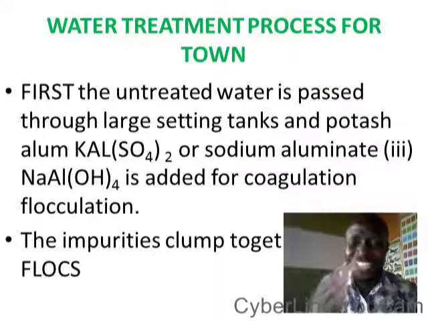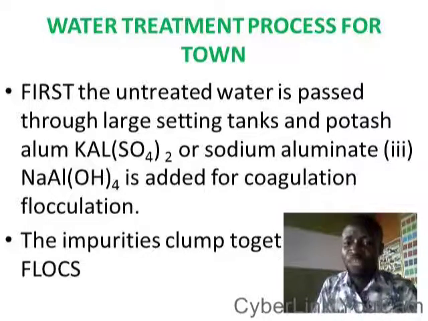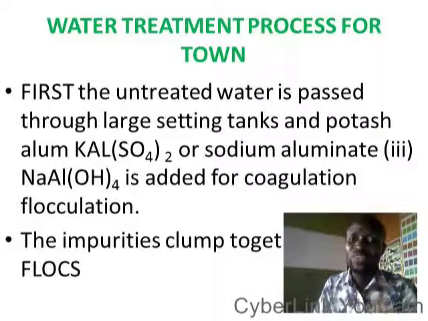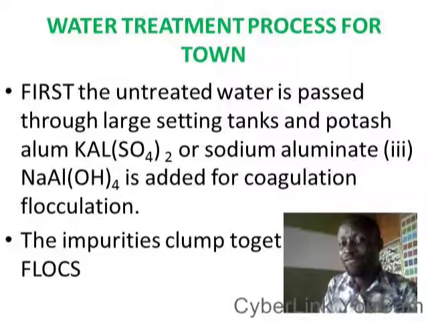If I may ask you a question now, mention the processes through which water treatment for town supply can undergo. You'll be able to tell me that we have coagulation, we have sedimentation, we have filtration, and we have disinfection. Now let us explain them one after the other.